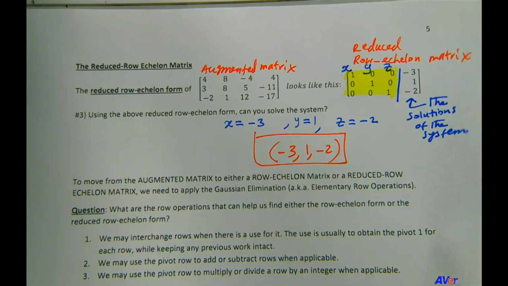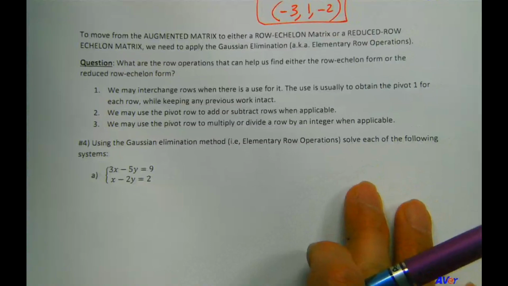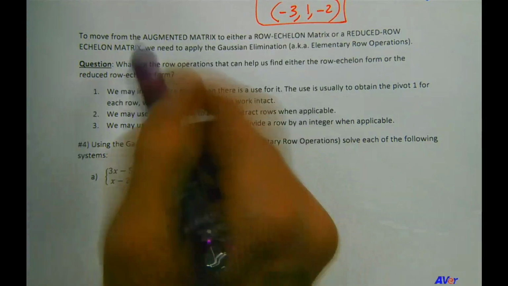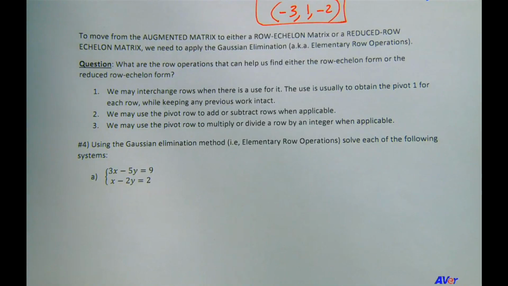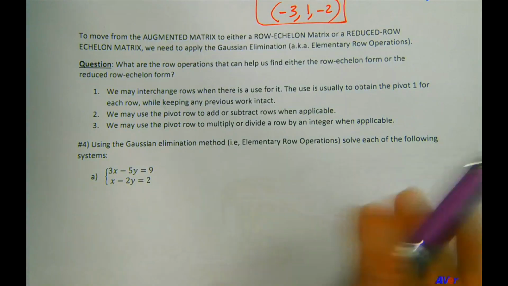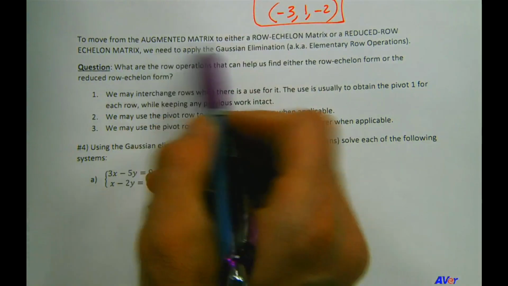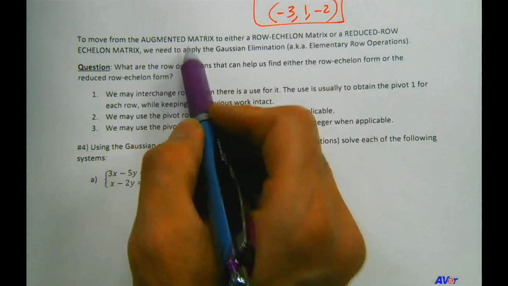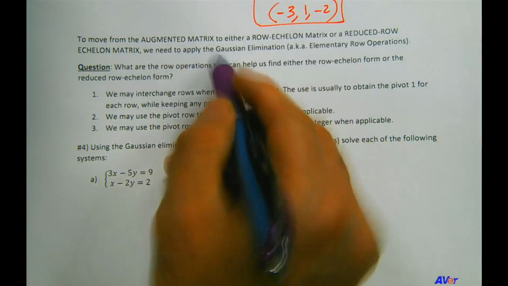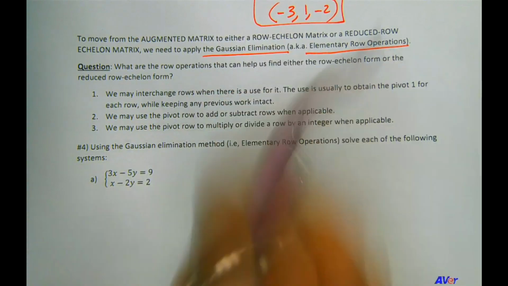All right. So now, the question that you've been asking yourself many times, or me many times, right? But it's a video, so I get to talk and you're just watching now. To move from the augmented matrix to either the row echelon matrix or the reduced row echelon matrix, we need to apply the Gaussian elimination, aka elementary row operations.